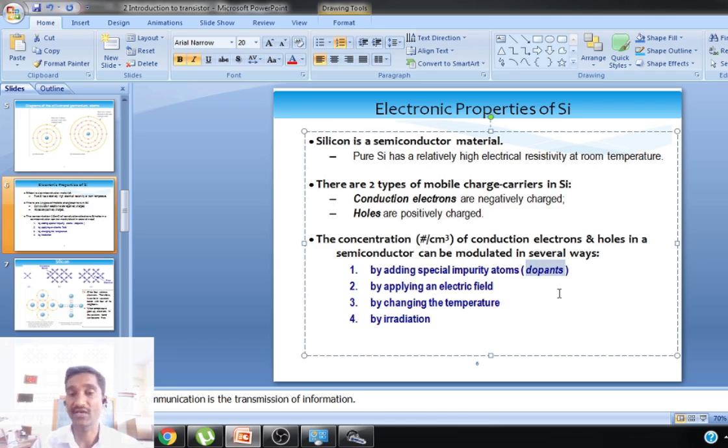When you add external atoms, the resistivity changes. Depending on that, there are 2 types of semiconductors, P type and N type. Next, we can change the resistivity by applying electric fields. Third, we can change the electrical property of silicon by increasing or decreasing the temperature. And another is by radiation. If you apply some radiation, the property of the semiconductor can be changed.